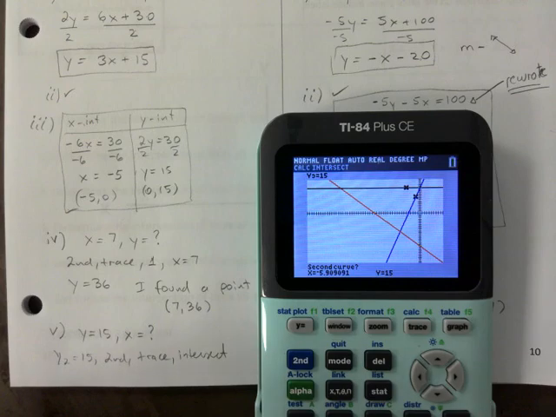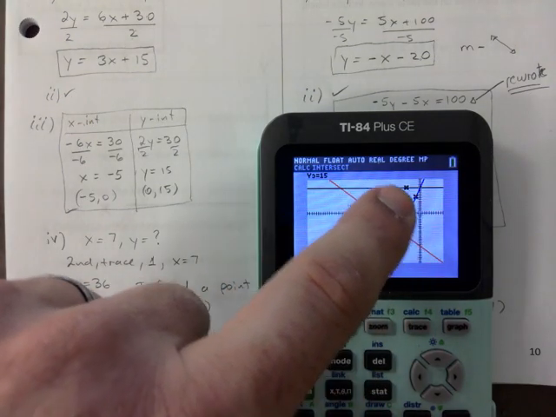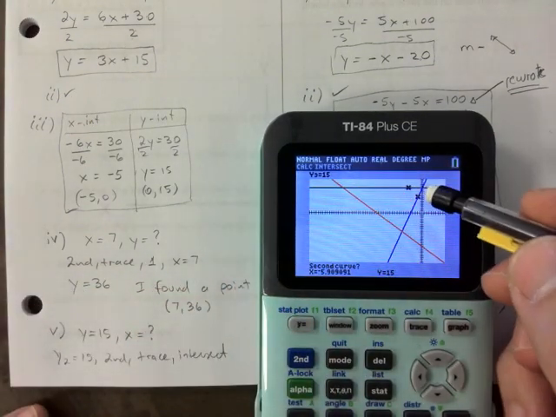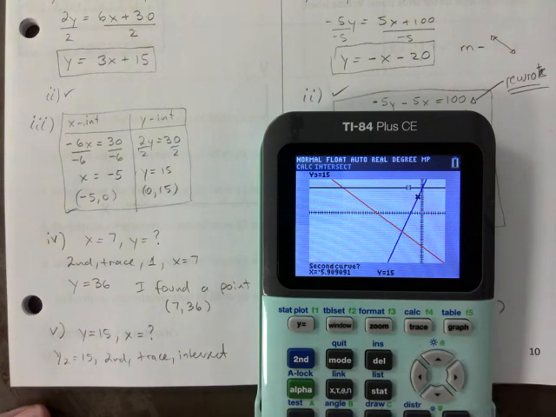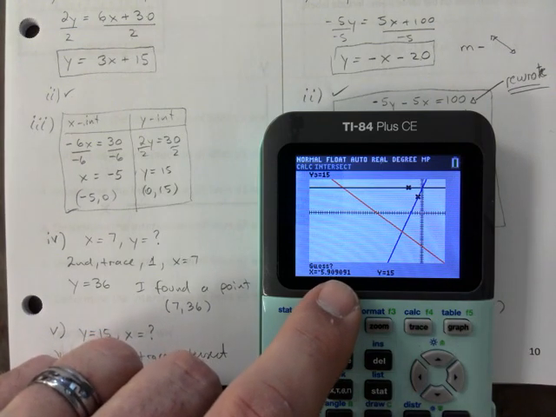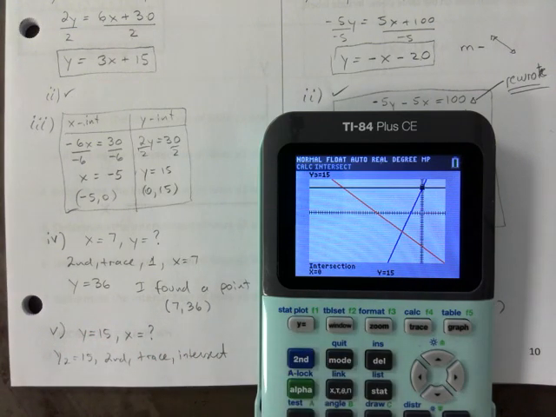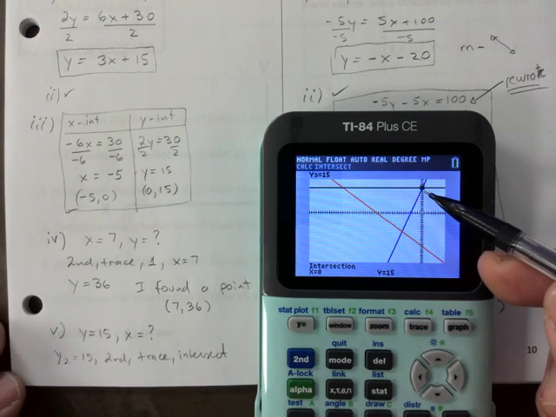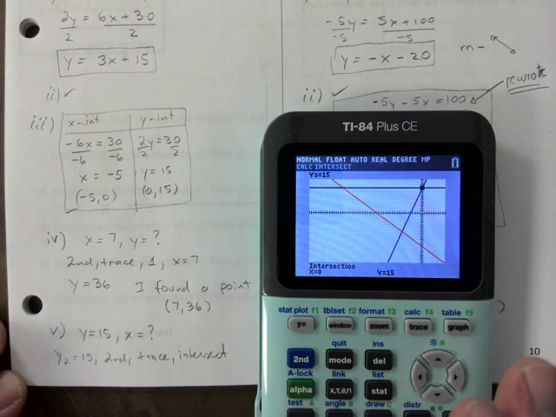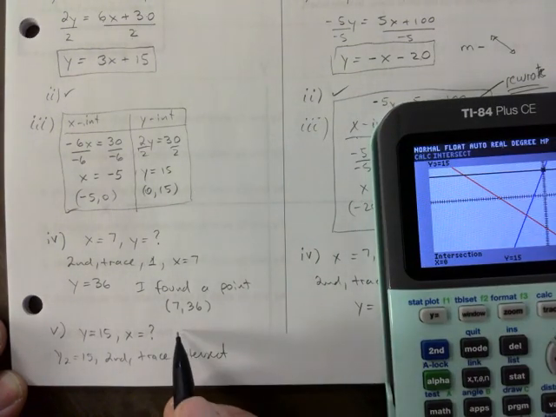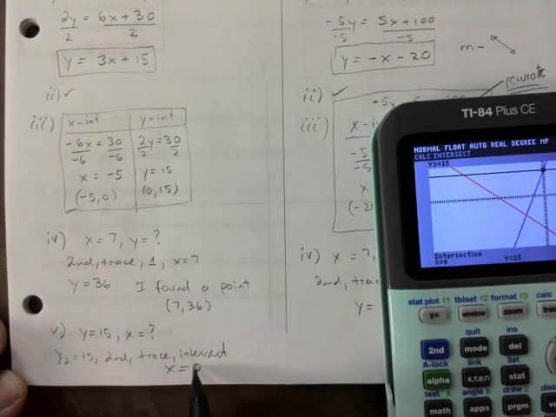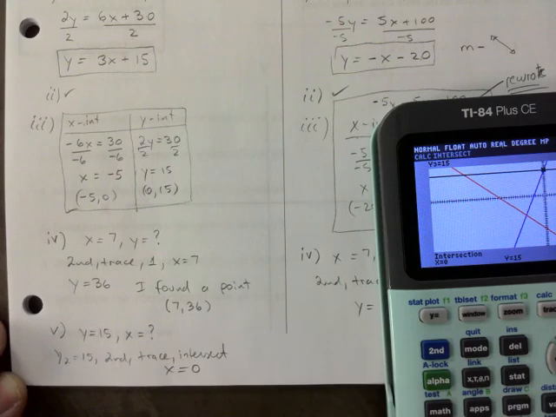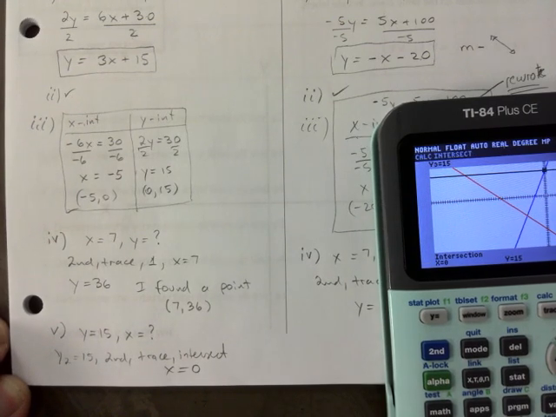So once you've selected the two lines you're finding the intersection for, you hit enter one more time and guess. And so the intersection is 0, 15 for the blue line, which is this one here. X is equal to 0. Just write that down. It happens to be my y-intercept.